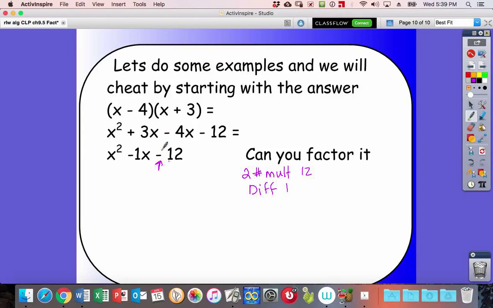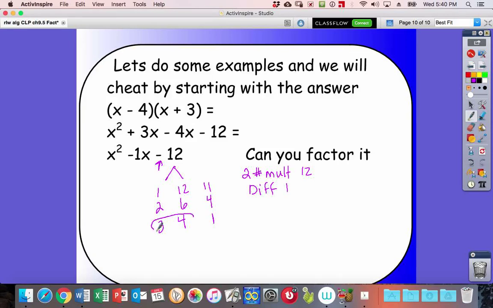I'm not worried about this 1 being a negative or positive. I just know the difference has to be 1. 1, 12, 2, 6, 3, 4. The differences, there's an 11, there's a 4, oh, there's a 1.